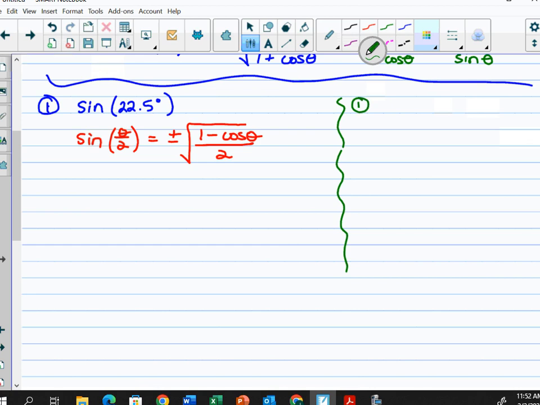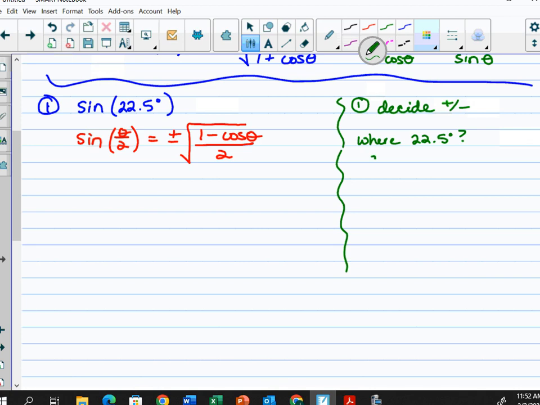All right, guys. First thing we're gonna do is decide if we should be using the plus or the minus, okay? It's not that the answer is both positive and negative. You have to pick which one it is. So the question says, what is the sine of 22.5 degrees? So we need to know, where is 22.5 degrees?